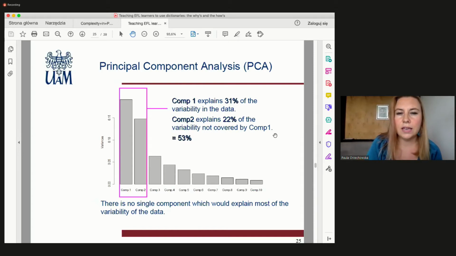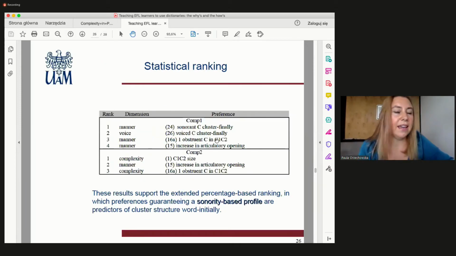Here, as you can see, component 1 explains 31% of the data, which maybe doesn't seem to be very much, but then again, in combination with component 2, that's already half of the data that we have. And it's quite a lot given this type of analysis in phonotactics. So that's why I will report the data for the first 2 components only. And this is it, again, English onset.